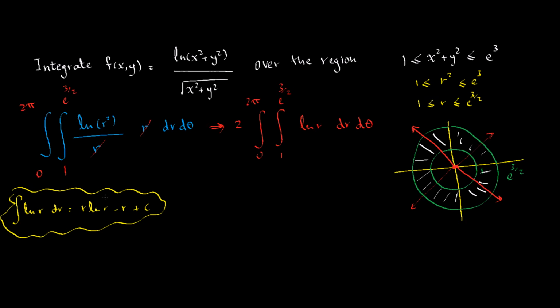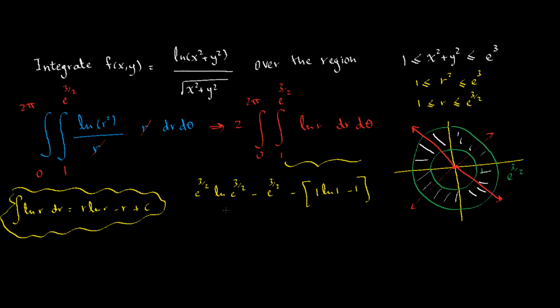We're going to substitute the limits into this here. We're going to have e to the power 3 over 2. So if we're evaluating this part here, natural log of e to the power 3 over 2 minus e to the power 3 over 2. We have a minus, we have 1 times natural log of 1, minus 1.